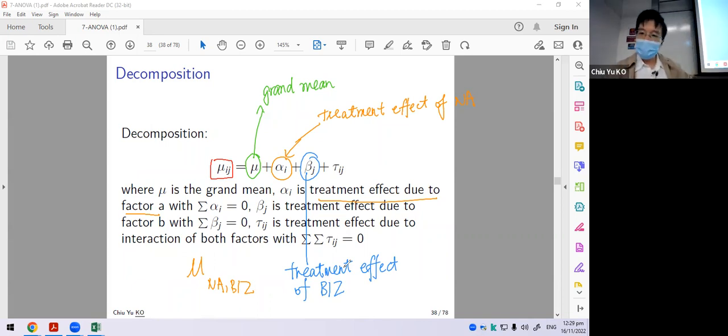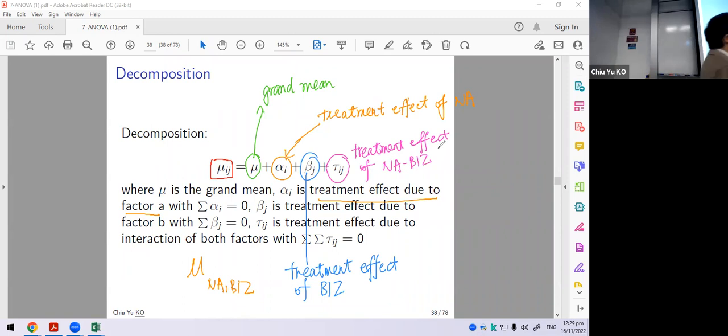And lastly, the last one is the treatment effect of NA and business school, okay? Being in NA and business school, do you have an extra boost? So that's why that mean actually combines 4 different elements.